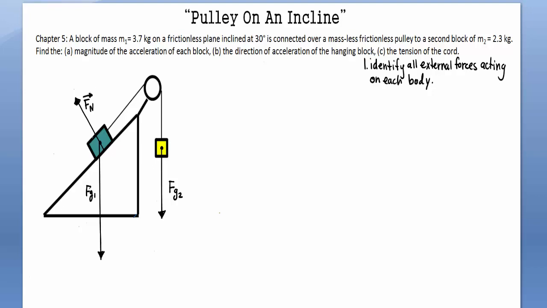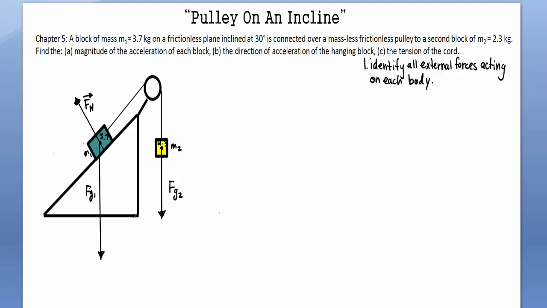So this is 3.7 kilograms. This second mass is 2.3 kilograms. So this is M2, this is M1.